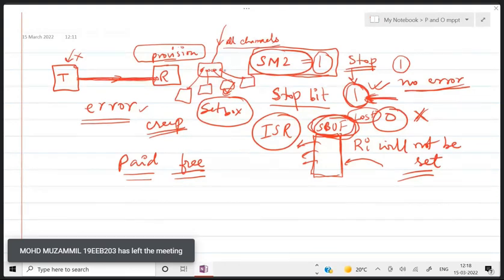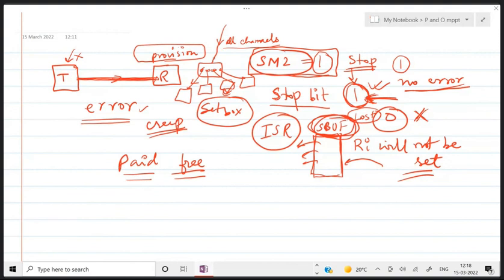Say, for example, one of the users does not want the paid channel. So what this channel provider does is make this ninth bit equal to 0 for that particular channel.